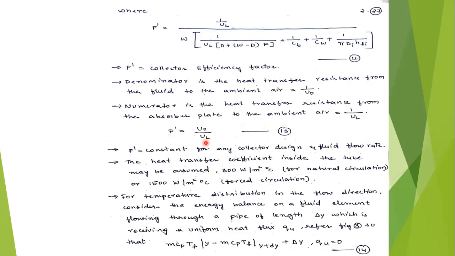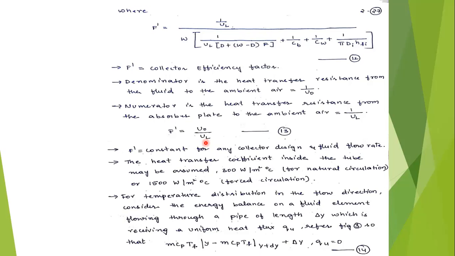And the fluid distribution in the tubes. For the temperature distribution in the flow direction of Y, we are considering an energy balance on a fluid element. It is flowing through a pipe of length delta Y and it is receiving a uniform heat flux Qu, referred to in the next slide.